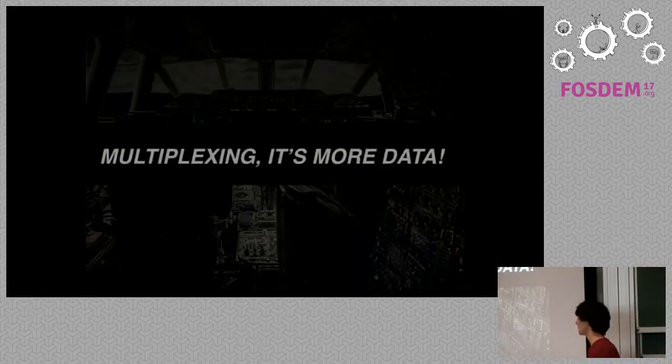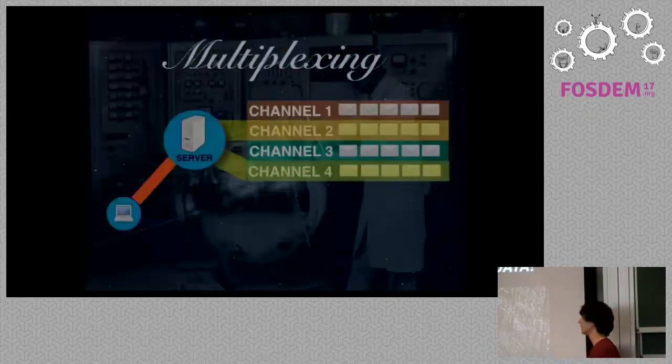It's a big challenge. One other challenge is a feature called multiplexing, because you want to avoid different TCP connections against a server when you want to fetch data from different channels.